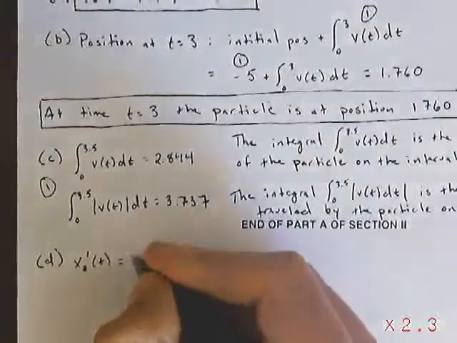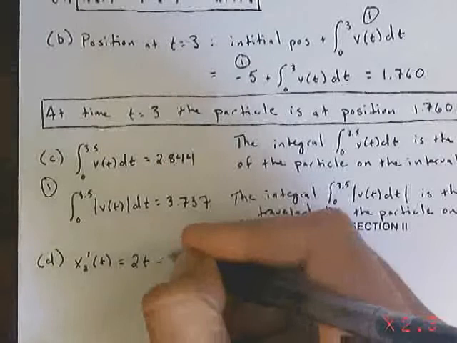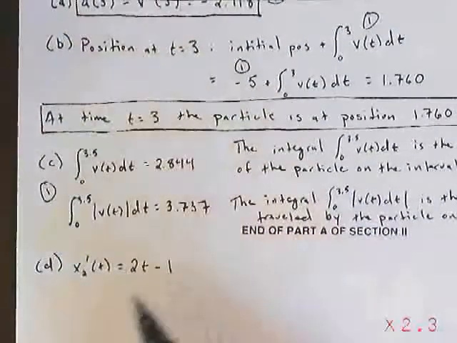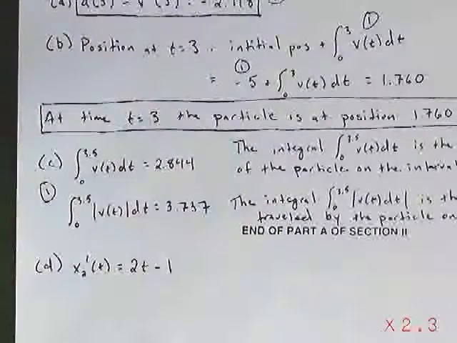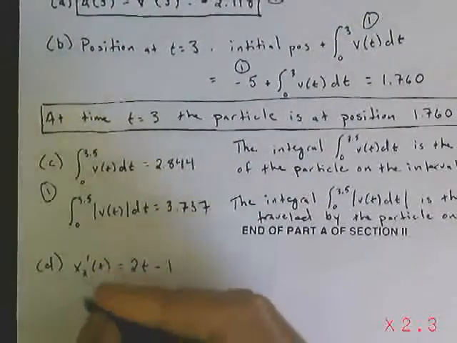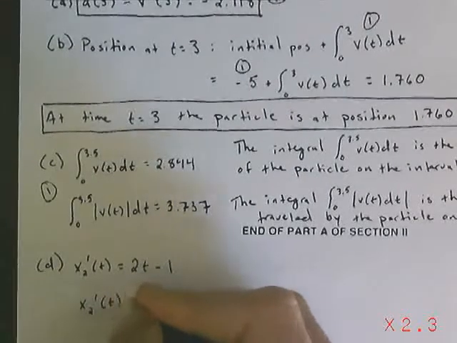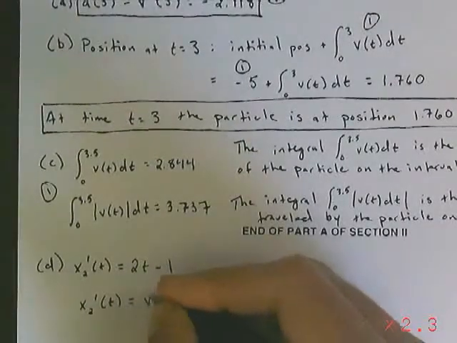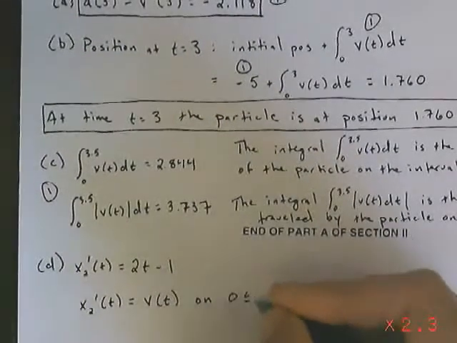2t minus 1. And in order to determine when this particle has the same velocity as our initial particle, we need to set their derivatives equal to each other. In other words, we want to know when is x sub 2 prime of t equal to v of t on this interval.